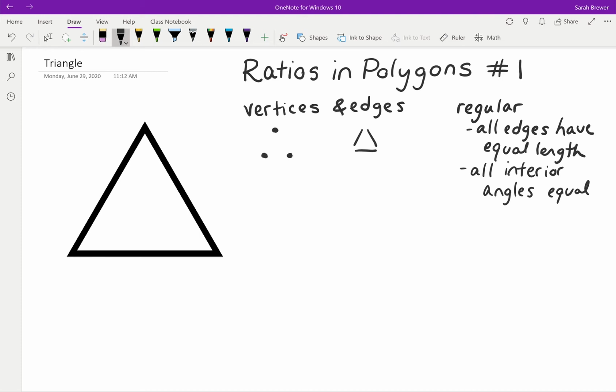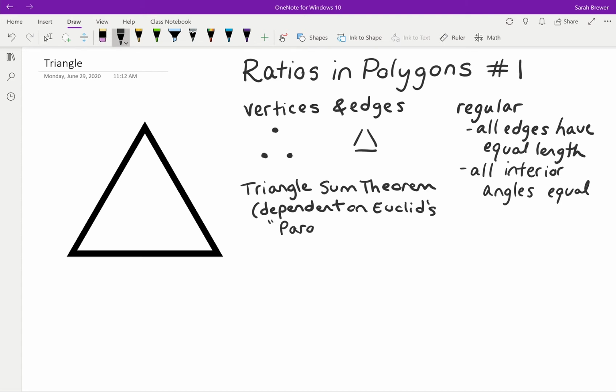And the Triangle Sum Theorem, which is dependent on the parallel postulate of Euclid, which I'll talk about, postulate 5.